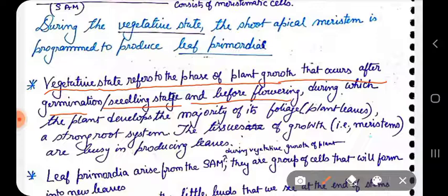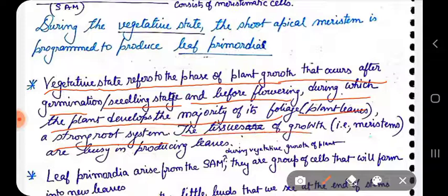The vegetative state refers to that stage of plant growth where flower development has not occurred but which arises just after germination. During the vegetative state, the plant bears most of its leaves, so the plant develops most of its foliage. At this time, a strong root system also develops.